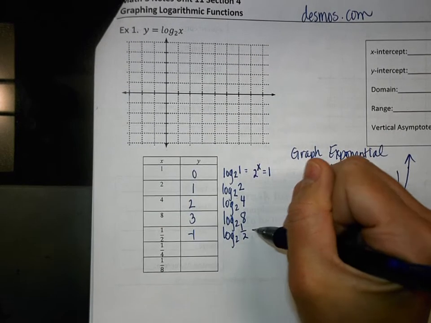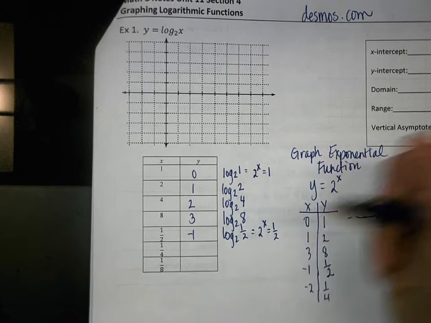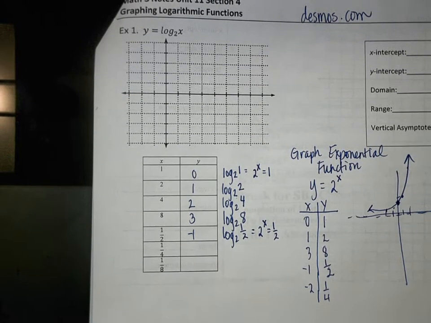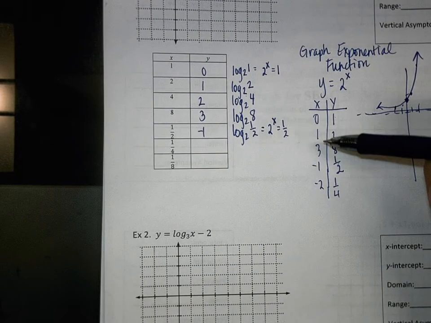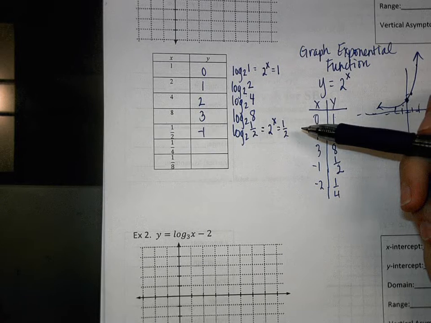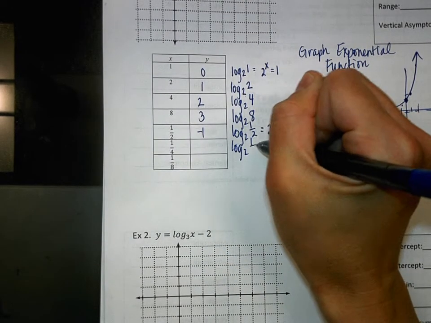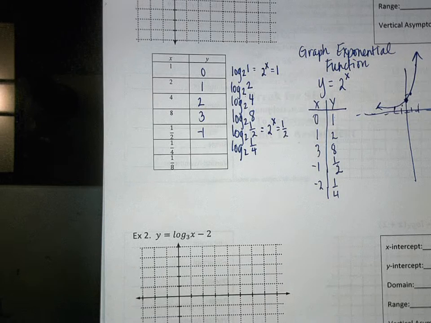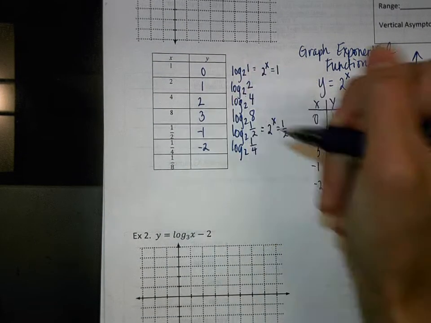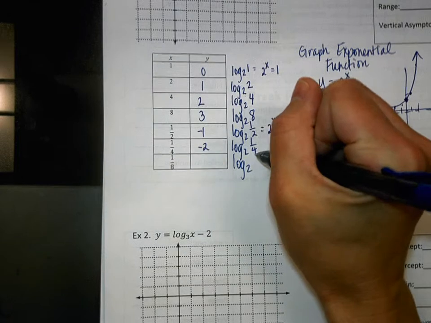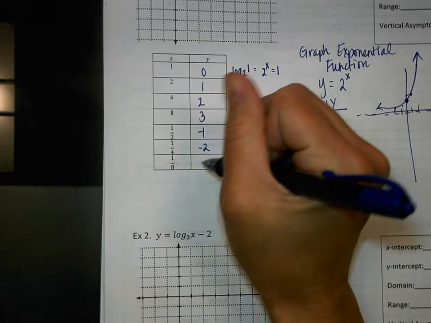If you look at this in exponential form, that would be 2 to the x equals 1/2, and in order to get those at the same level, we'd have to bring it up and get a -1 exponent. So on log base 2 of 1/4, 2 to what power will give me 1/4? -2. Good. And then log base 2 of 1/8 will be -3.